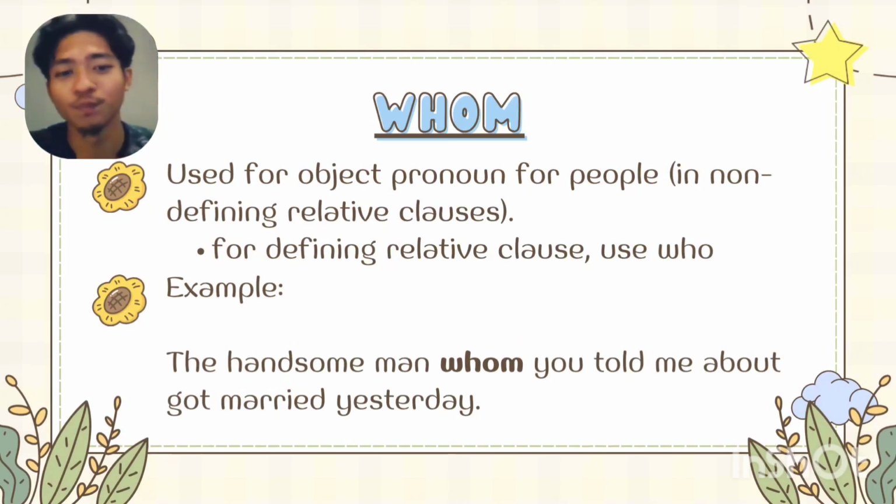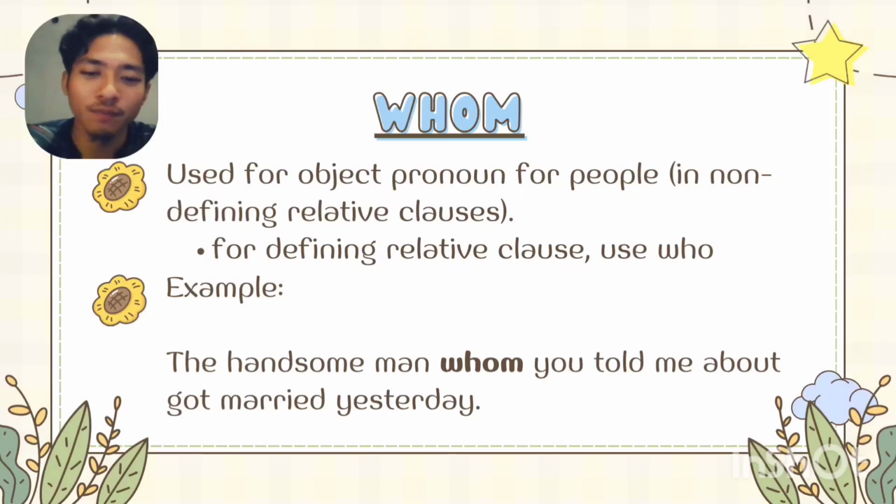The next relative pronoun is whom. Whom is a little different from who, because it is used only as an object pronoun for people and only in non-defining relative clauses. For example, the handsome man whom you told me about got married yesterday.